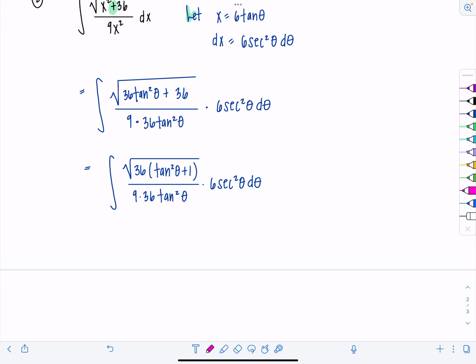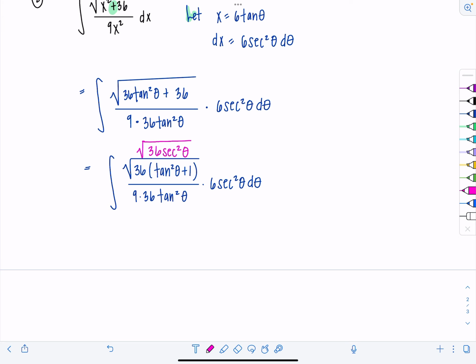Okay, now the whole point of factoring out the 36 is so that now we can replace tan squared theta plus 1 with secant squared theta. So we've got 36 secant squared theta all underneath the radical in the numerator.